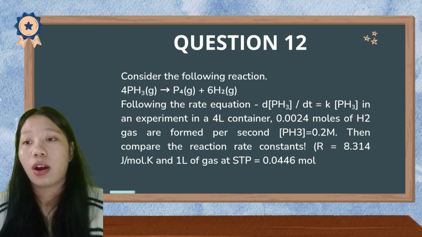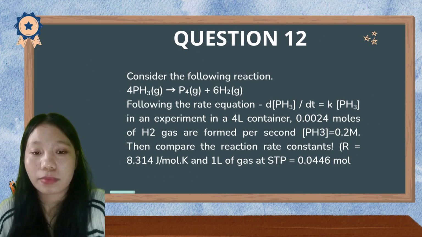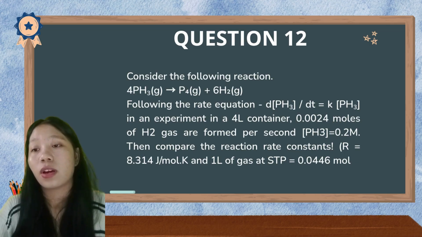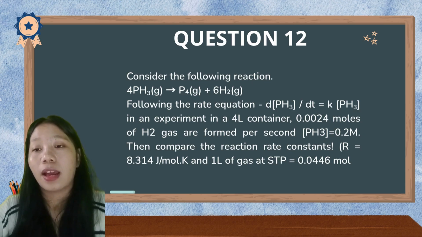Concentration PH3 equals 0.2 molar. Then compare the reaction rate constant. Given R equals 8.14 joules per mole times K, and 1 liter of gas at STP equals 0.0446 mole.